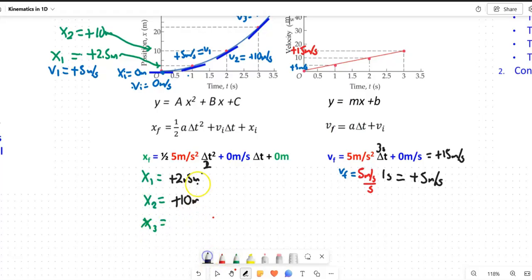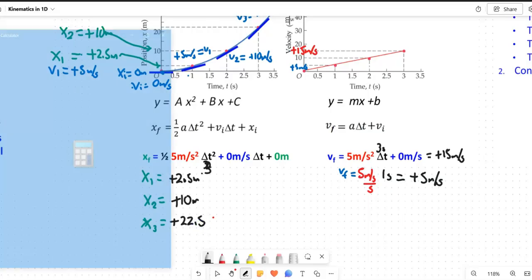And that's going to be, now we're going to plug in a 3 here. Okay, so 3 squared times 5. So what is that? 9 times 5, 45. 45 divided by 2, what is that? Positive 22.5? I don't trust myself. I'm going to double check that.